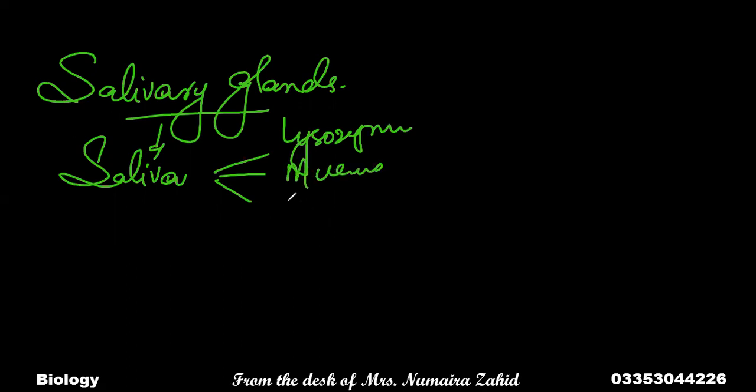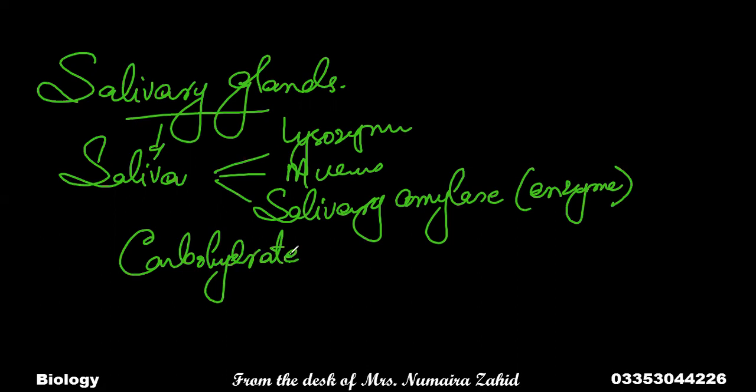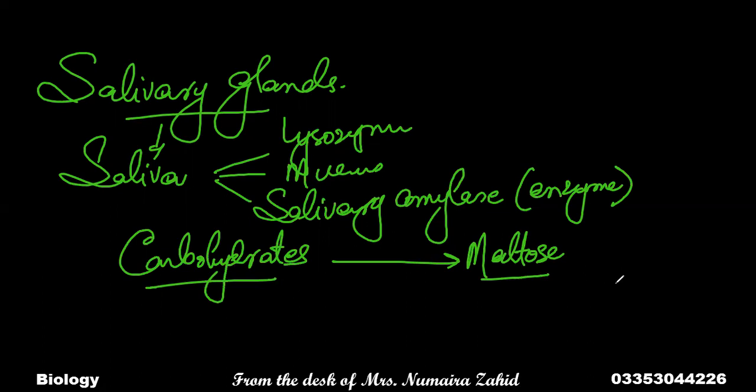And the very important part it contains is the salivary amylase enzyme, which is able to digest carbohydrates. Salivary amylase is the enzyme which starts digestion of complex carbohydrates, which are broken down to maltose, a less complex carbohydrate. This is really very important.